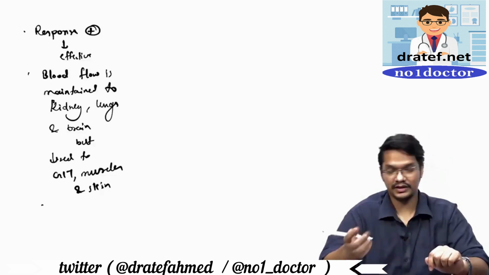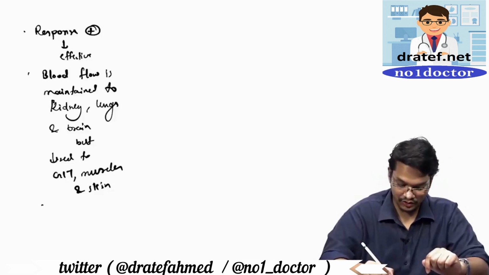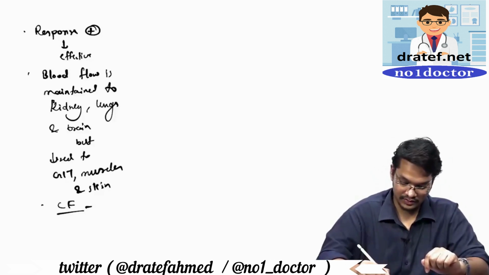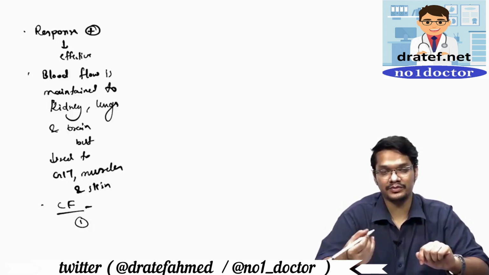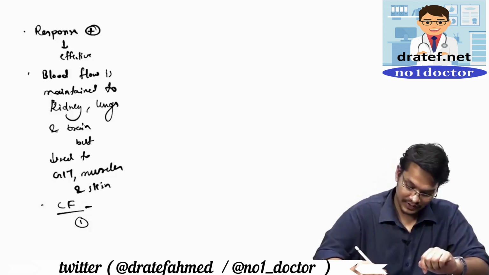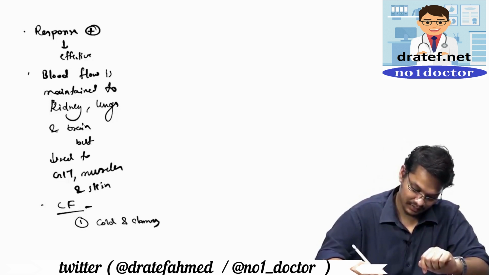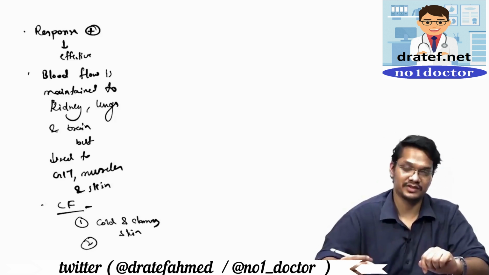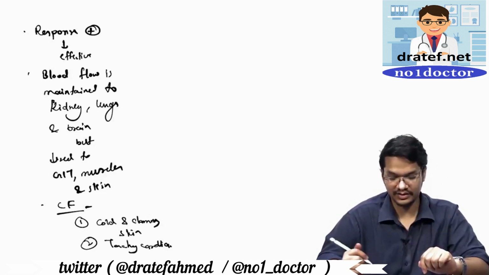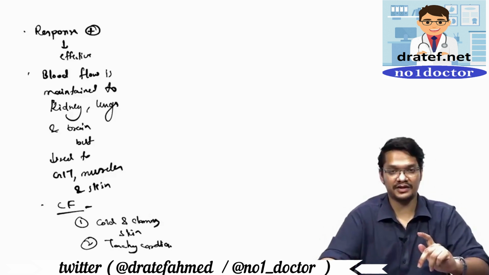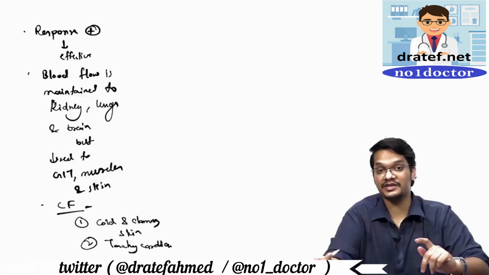So, the clinical features which we will find in a patient of compensated shock are: first thing, as the circulation to the skin has reduced, you will find cold and clammy skin. Apart from them, since there is a compensation present, tachycardia will be present. These are the most common clinical findings in a patient of compensated shock.